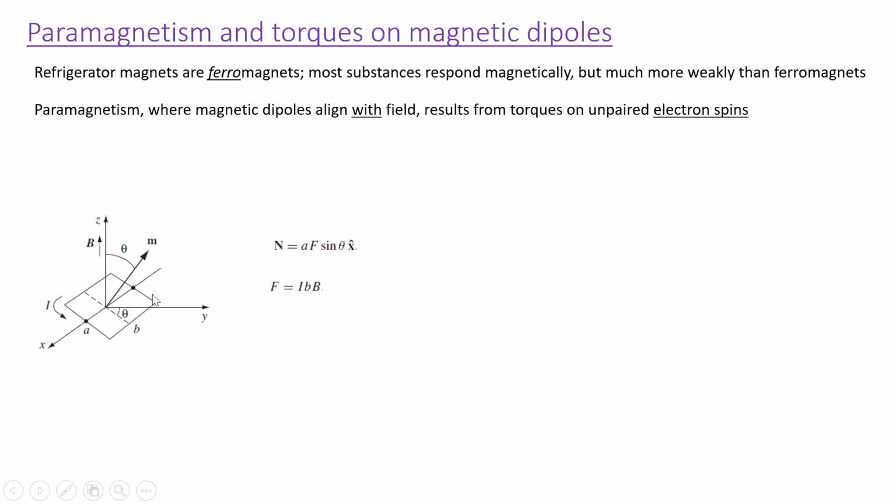Well, we can use the Lorentz force equation to figure out the force on this side. It's going to be I L cross B, as we learned in a previous lecture. I is just I. L is given, in this figure, by little b.